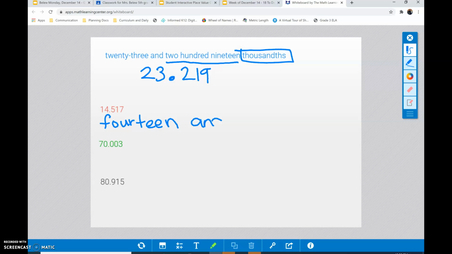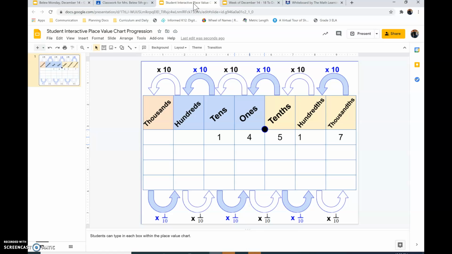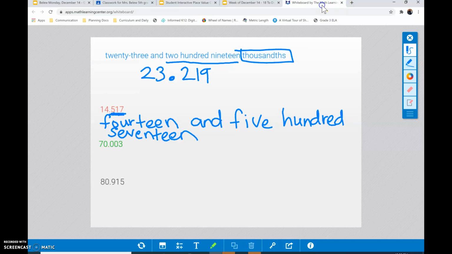When I see that decimal, I say and. Then I'm going to write out, just like I say that, 517, and then I can look back at my place value chart if I need to. Oh, the 7 is in the thousandths place, so I need to write thousandths.